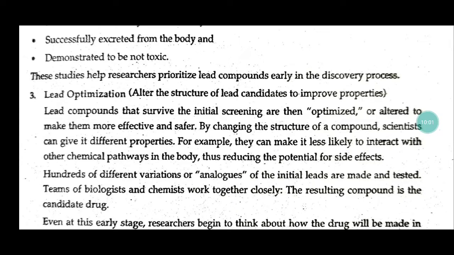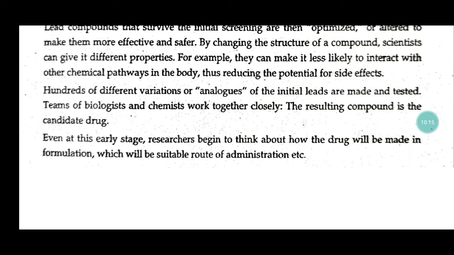For example, they can make it more or less likely to interact with other chemical pathways in the body, thus reducing the potential for side effects. And even at these early stages, the researchers begin to think about how the drug will be made, and the formulation which will be suitable for the route of administration, etc.